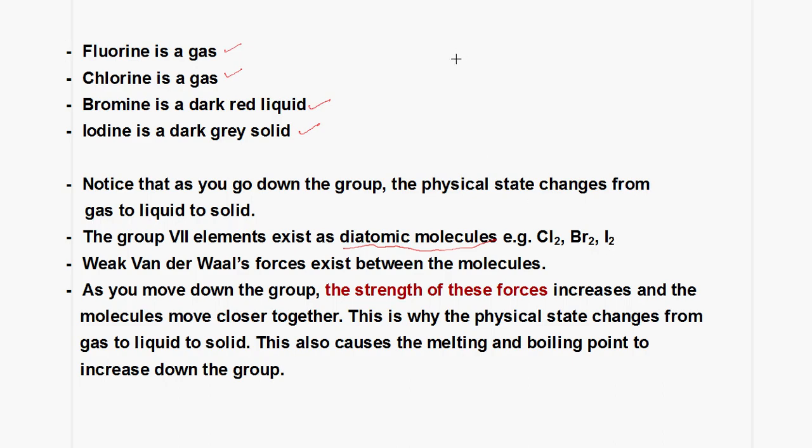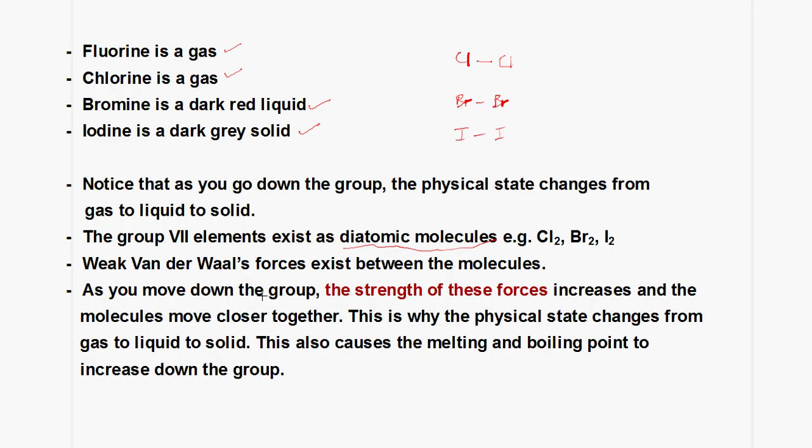So you would not see a chlorine atom existing by itself. It usually exists in combination with another chlorine atom. In the case of bromine, this will also exist as a diatomic molecule, and iodine will be the same as well.